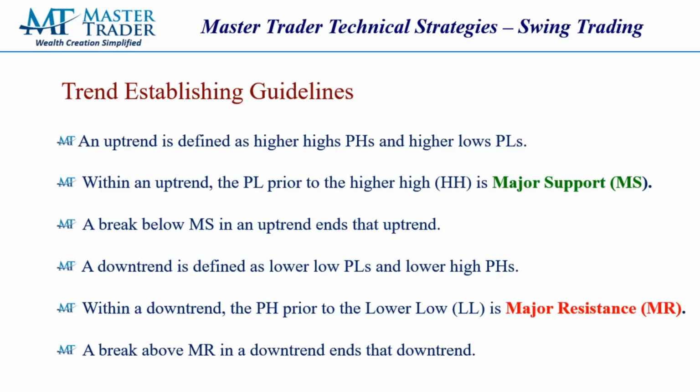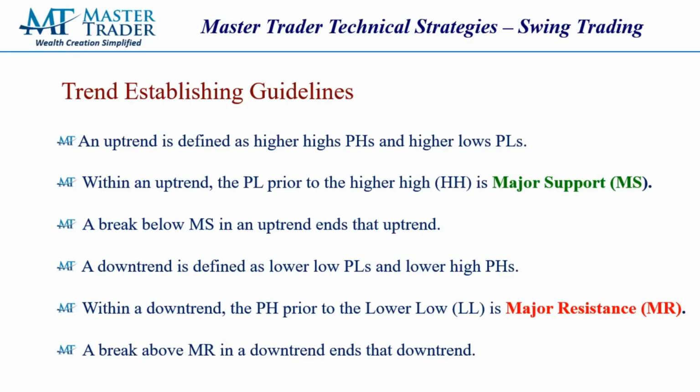Within that uptrend, that pivot low prior to the higher high is what we're going to call major support. In other words, that low that occurred prior to prices making a higher high is major support. And we continue to follow that as long as the trend is moving up.